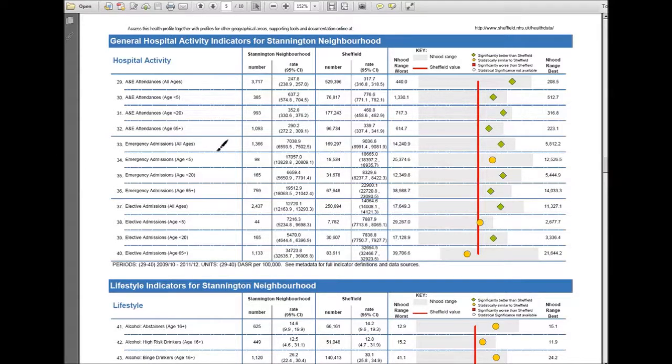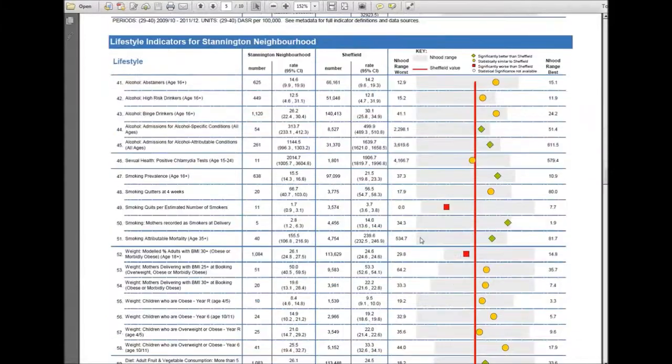And again, you can see for Stannington, with its relatively affluent, healthy population, relatively low rates of admission for hospital, with the exception of children and elective admissions over the age of 65, which, given that Stannington's got quite a high population over the age of 65, it's not too surprising that they're making a little bit more use of elective services.